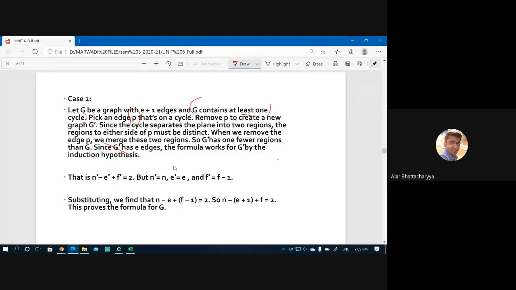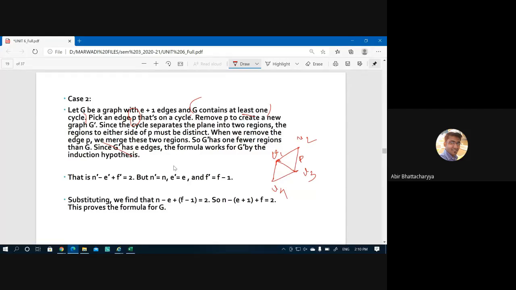Let's say G is a graph like this, and this is a cycle v1, v2, v3, and this is edge p. Now I remove edge p from here.